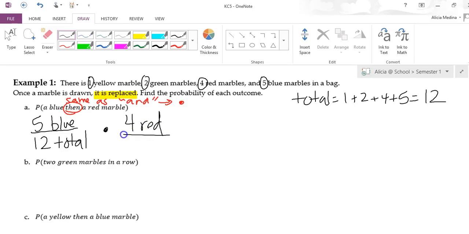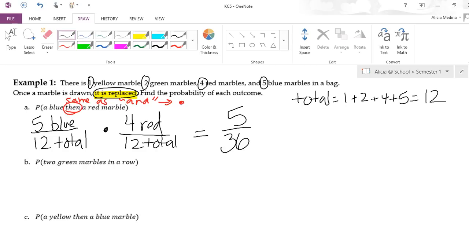And now, when I think of the total, because it told us that we replaced it, I picked the blue one and then I'm going to put it back. So I'm still going to have 12 marbles to choose from when I pick the second time. So when I'm multiplying these and get a simplified answer, I am going to get 5 over 36. So that is the probability of picking a blue and then a red.